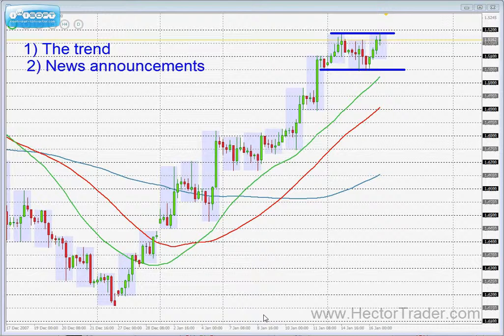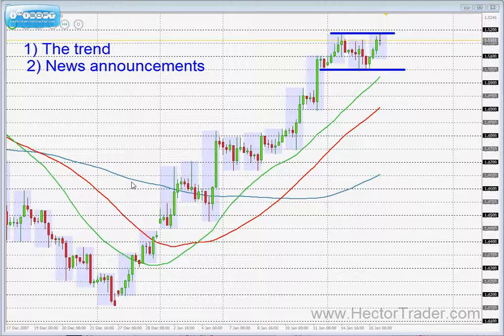Second element, is there any news announcement coming out today? Any news announcement involving the euro or the Canadian dollar? Remember that we are looking to trade the euro against the Canadian dollar. I want to have a look at my economic calendar and see whether there is any significant news coming from either Europe or Canada.